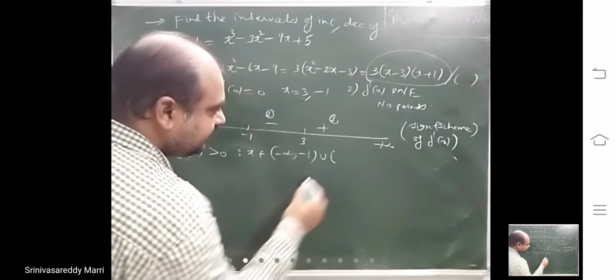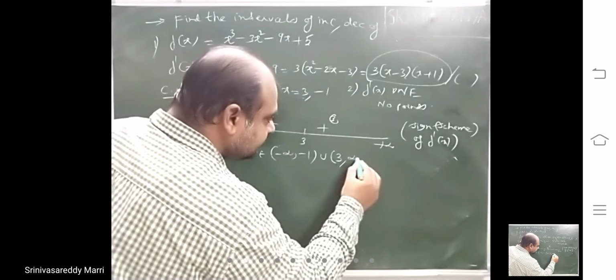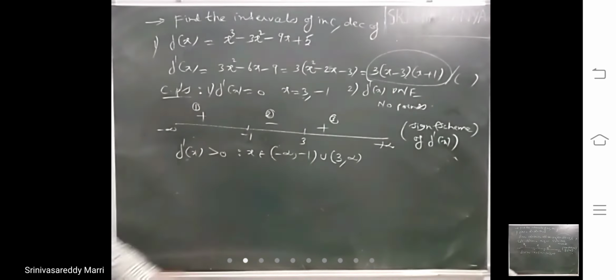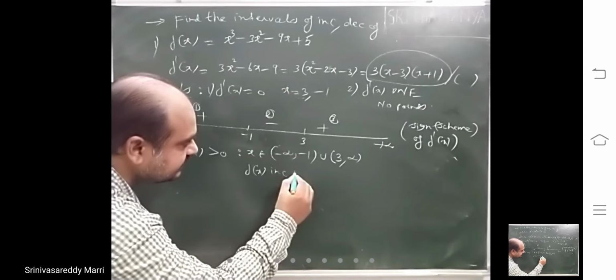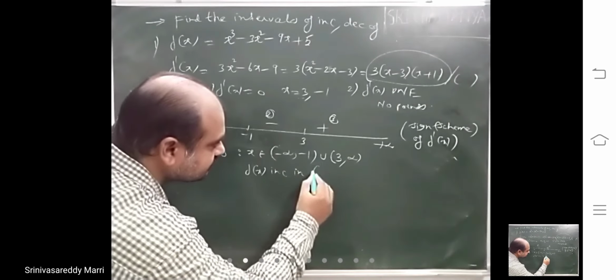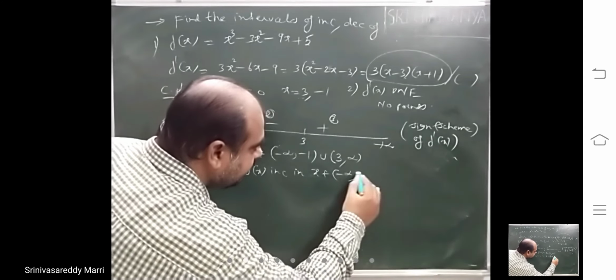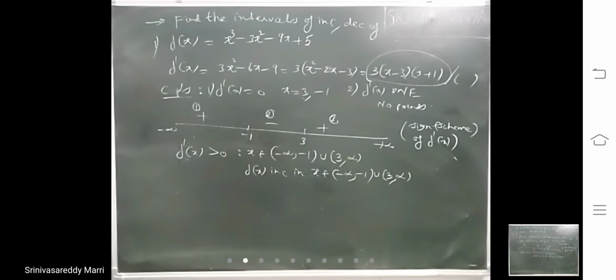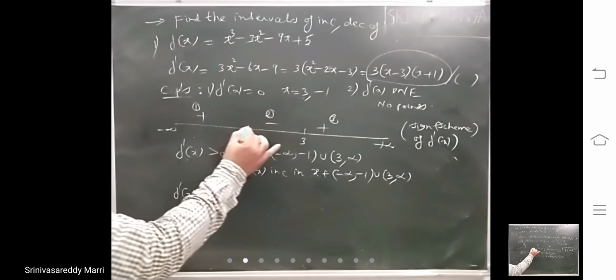That means f dash x is positive in the plus intervals, so you can say f of x increases in minus infinity to minus 1 union 3 to infinity. Look at next, f dash x negative. F dash x negative means this interval.